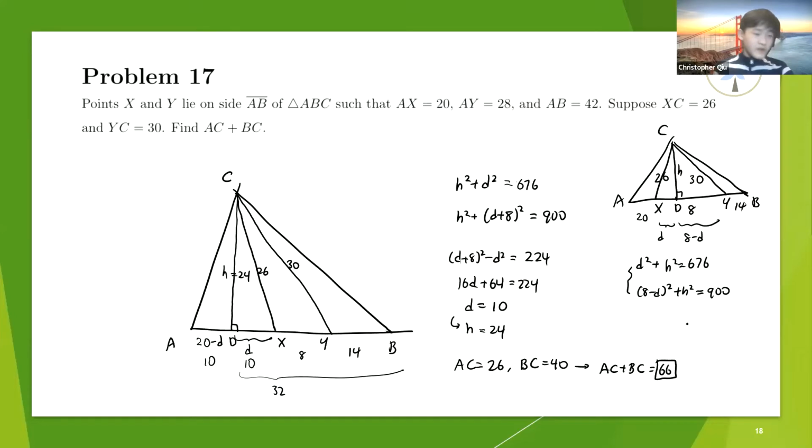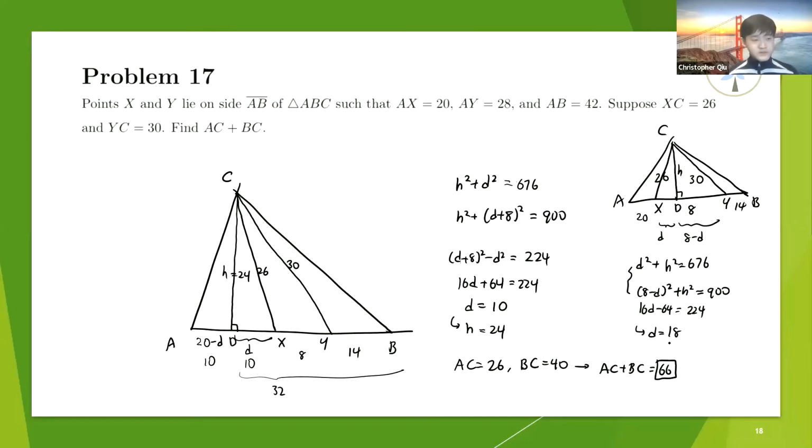900. And we can subtract these two equations as we did before to find 16d minus 64 is equal to 224. And here what we get is d is equal to 18. So then that would mean that DX is 18 while XY is 8.